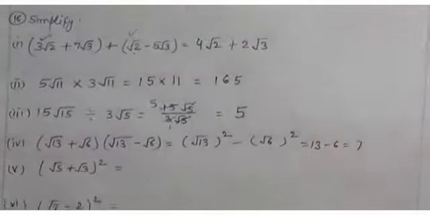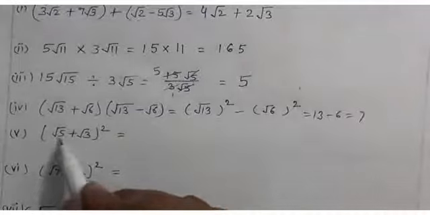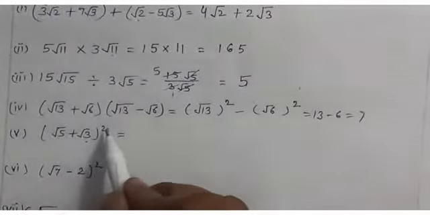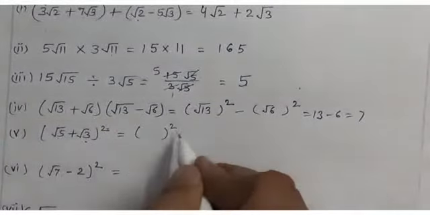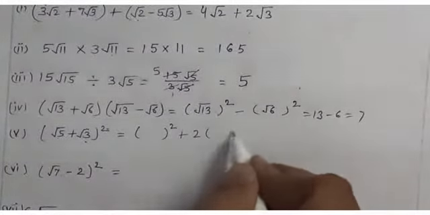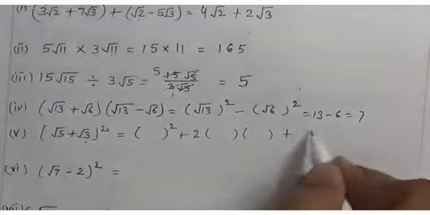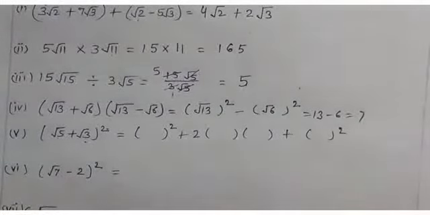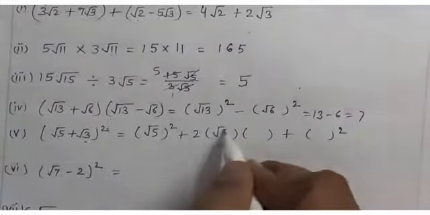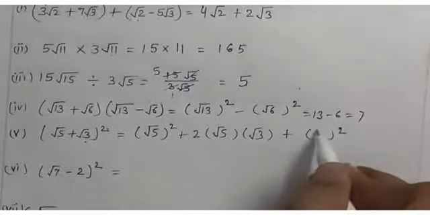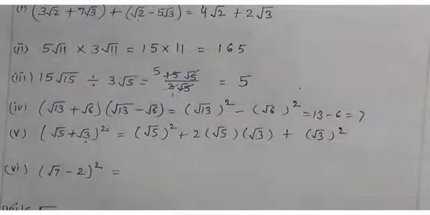Okay. Come on, next. Root 5 plus root 3 whole square. A plus B whole square. This is looking like A square plus 2AB plus B square. A is what? Root 5. 2AB plus B square.